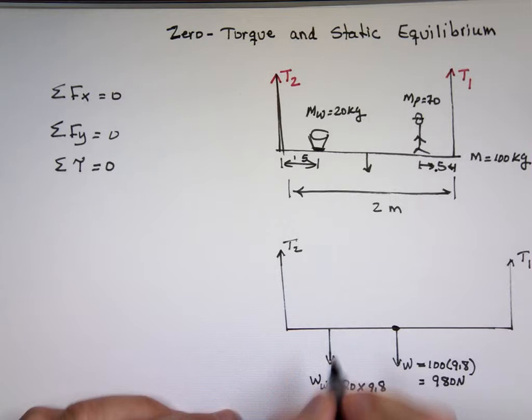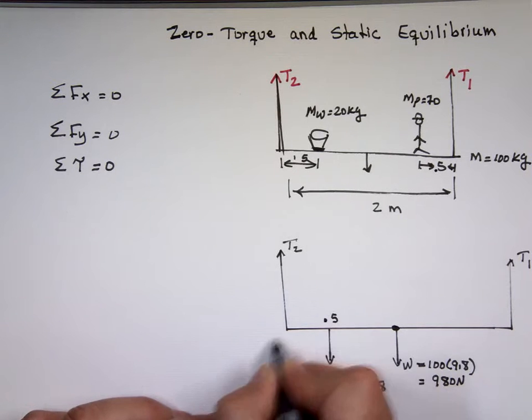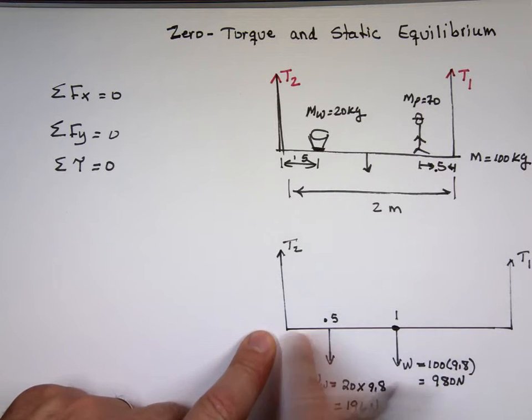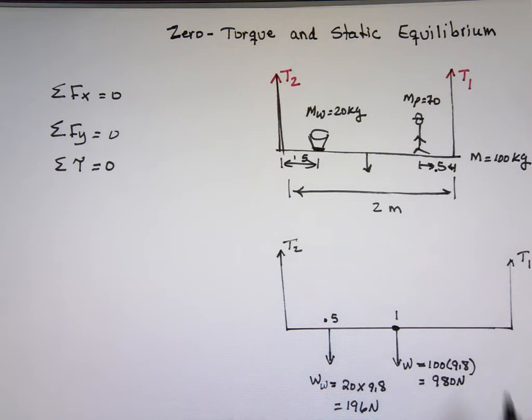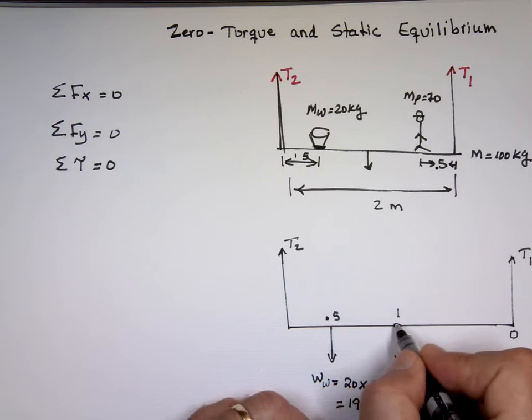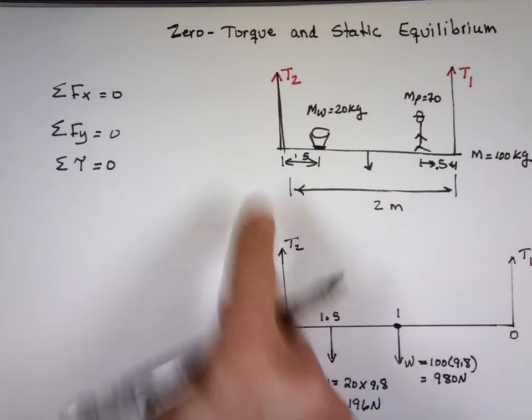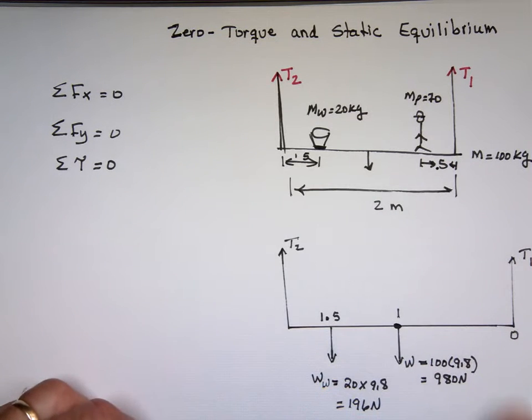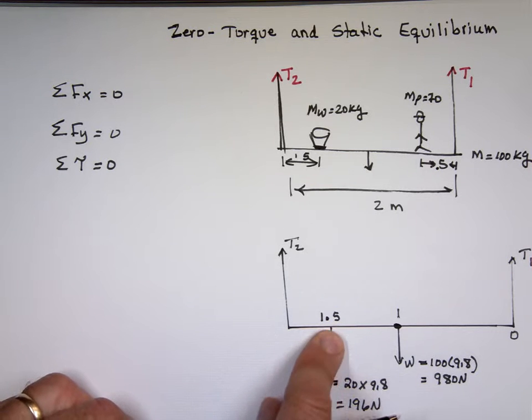And that's 0.5 meters from this edge. This is 1 meter from the center. The weight, since that's a uniform beam, is going to be halfway between. So if you mark this as the 0 meter, that's the 1 meter, and that's the 1.5, because it's 0.5 from here, which means 1.5 from this end, if that's your 0 mark. If this is your 0 mark, this is 0.5, that's 1.